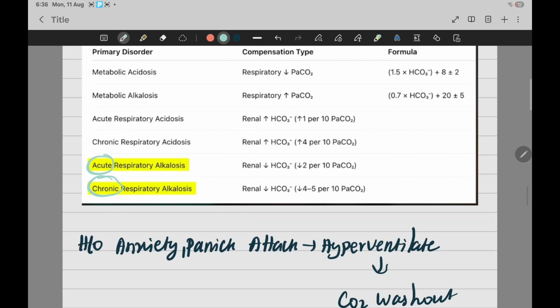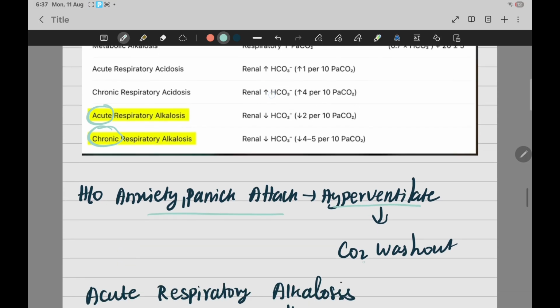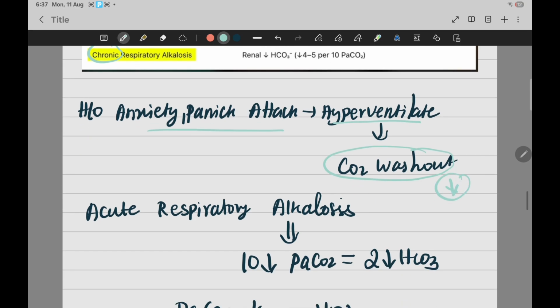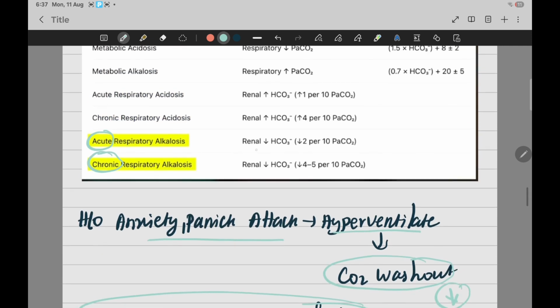If the patient has anxiety and a panic attack, the patient hyperventilates, so more CO2 is washed out and carbon dioxide comes down. In acute respiratory alkalosis, the renal response is slow, and for every 10 fall in PaCO2, bicarb falls by 2.